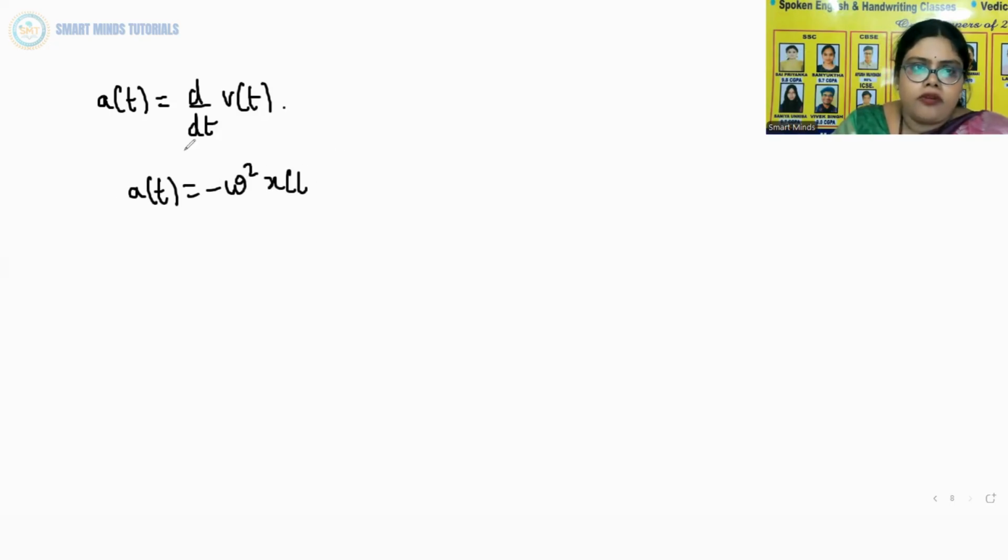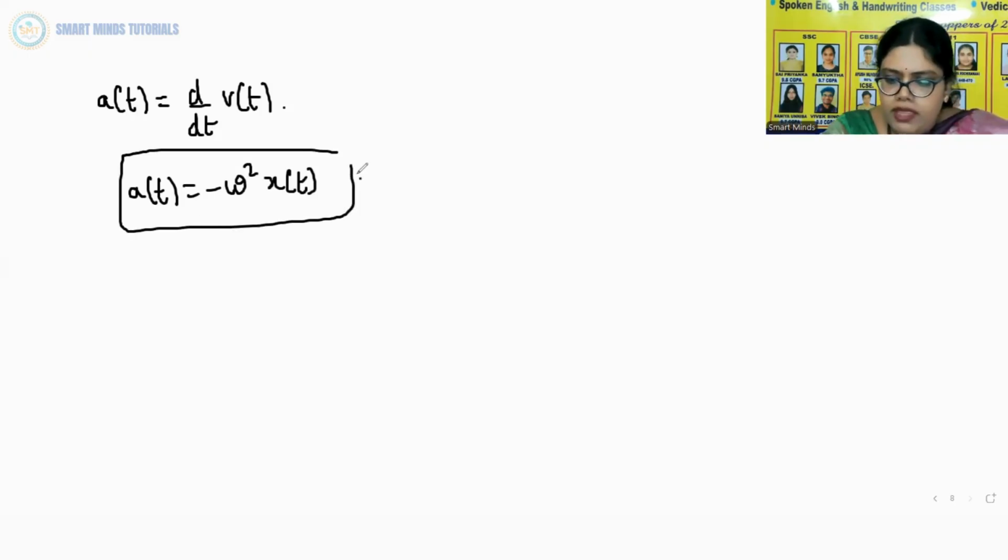From this equation, a of t is equal to minus omega square x of t, we can note the important property that acceleration of a particle in SHM is proportional to displacement. So for x of t greater than 0, a of t will be less than 0.